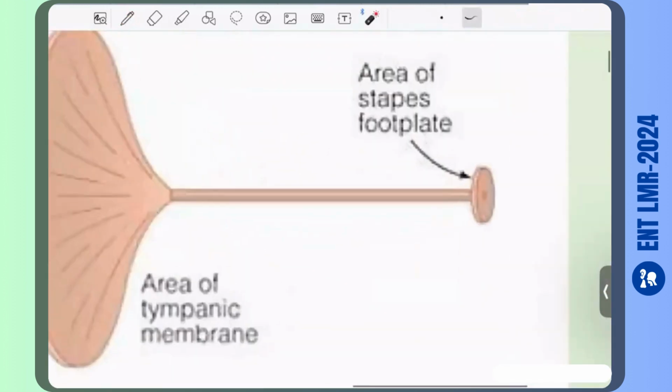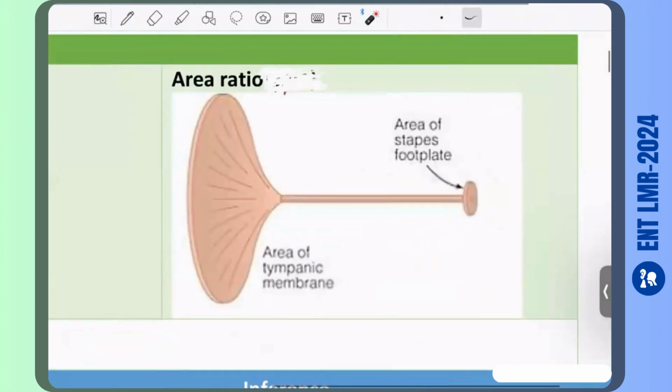Next one is area ratio. Just compare the area of the tympanic membrane to the footplate of the stapes. This is the starting point, and this is the ending point of the middle ear. The effective vibratory surface area of the tympanic membrane is around 55 millimeter squared.